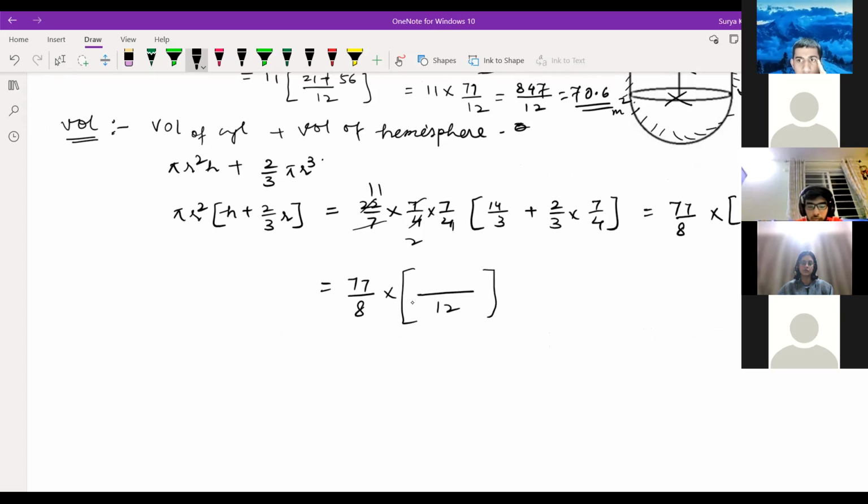So 14 3s, 4 14s are 56 plus 14 equals 77 by 8 into 70 divided by 12. 2 2s are 4, 35. You can cancel by any table.